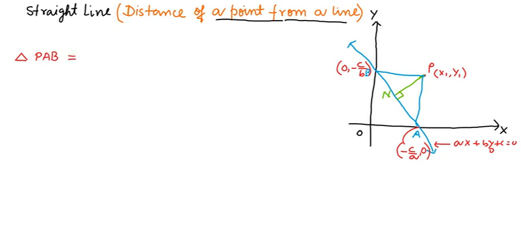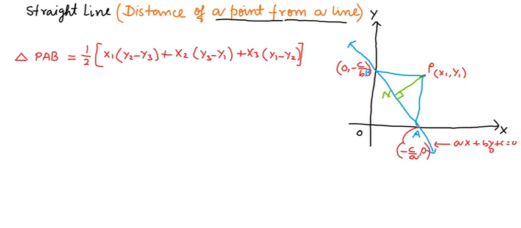As in the previous class, you know, the area of a triangle with the help of the coordinates of the vertices is 1 by 2 in bracket x1 (y2 minus y3) plus x2 (y3 minus y1) plus x3 (y1 minus y2).